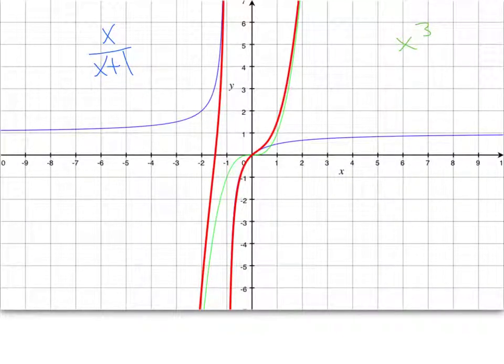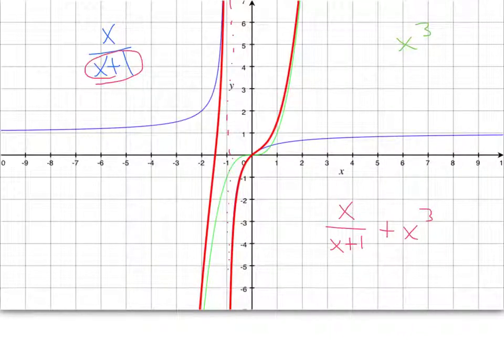And in red, we're going to have our sum function. You'll notice that our blue function blew up at x equals -1. Our sum function still has that property. We're still blowing up around -1. We have a vertical asymptote happening here.